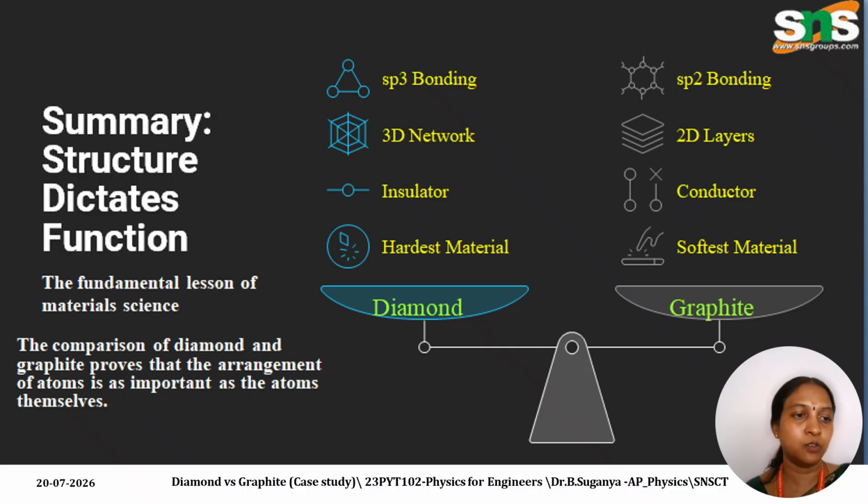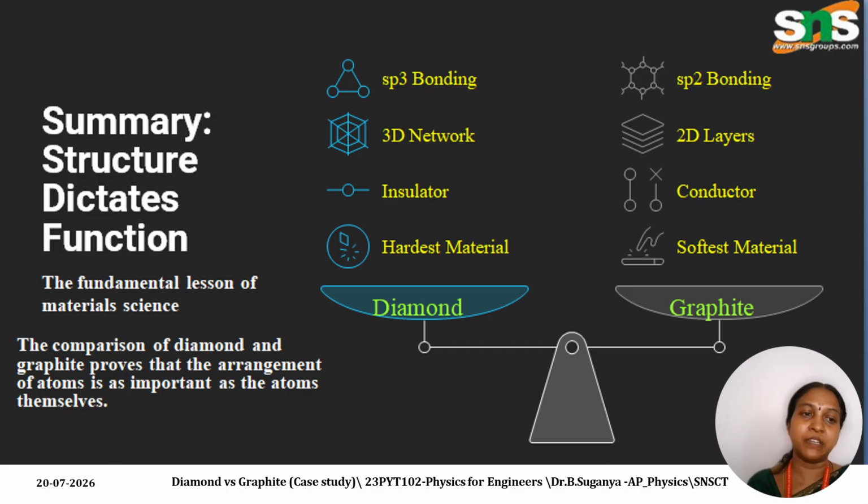Finally, we conclude. Diamond and graphite are a clear example of how atomic arrangement determines material properties. In the beginning I told you both are carbon materials, but based on their structural arrangement and the number of mobile electrons, that means free electrons, they differ in their physical properties, and these materials are used for different applications.